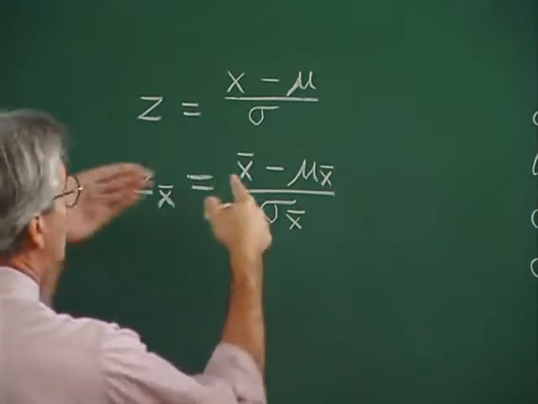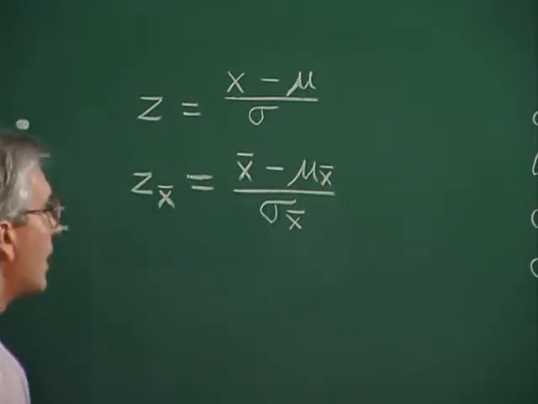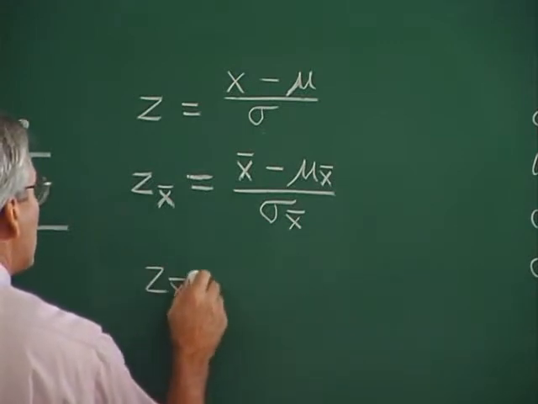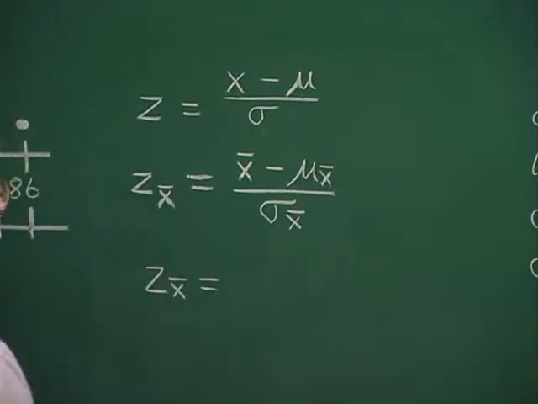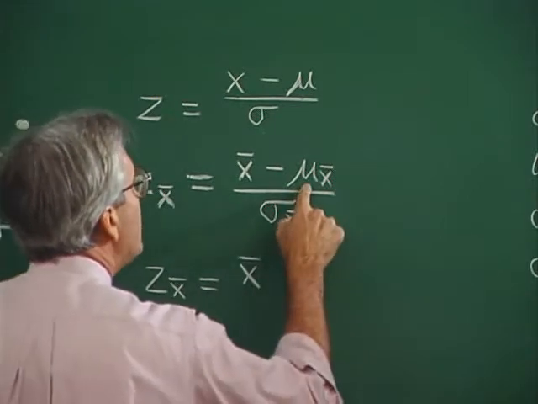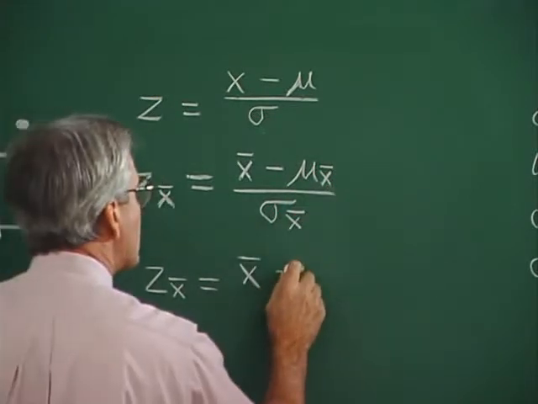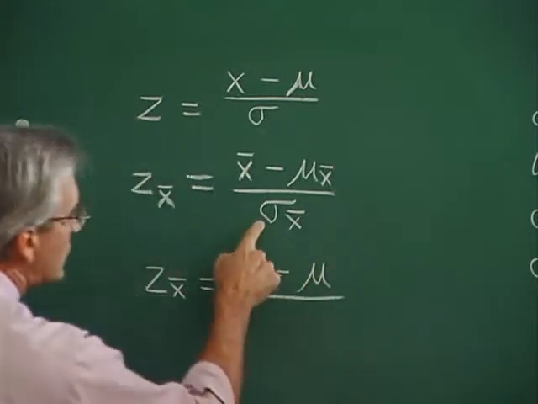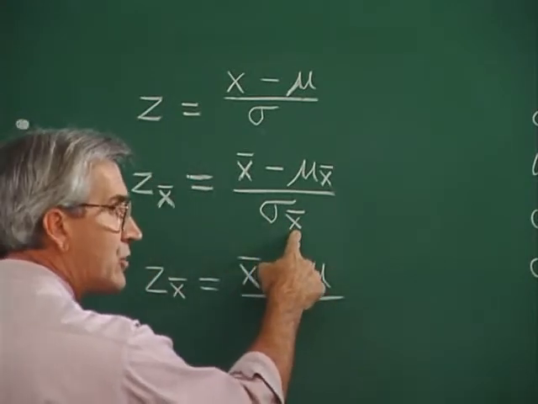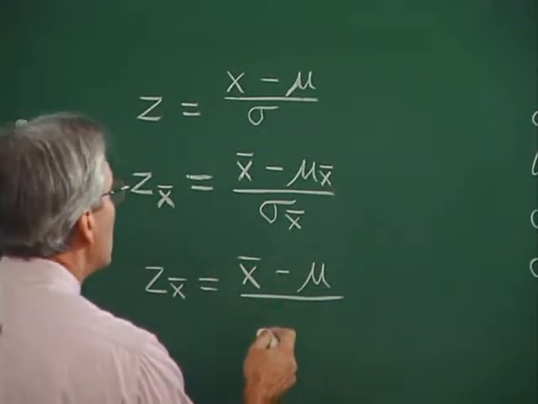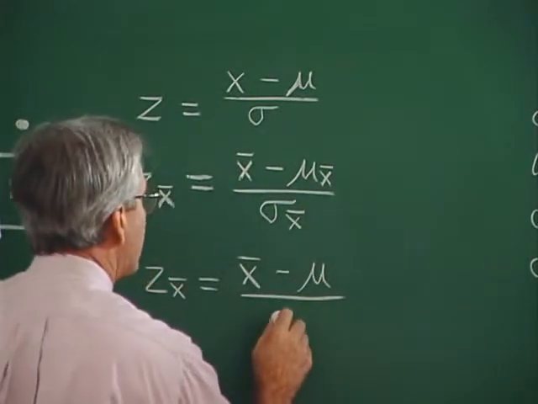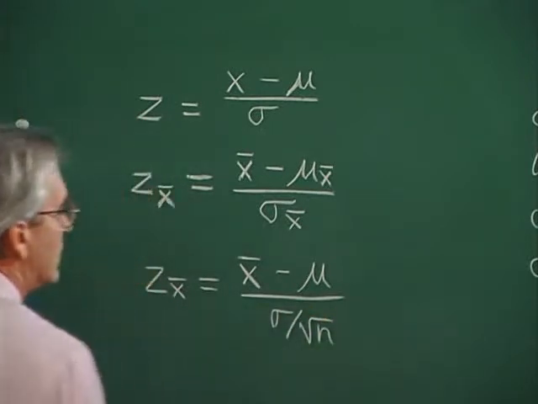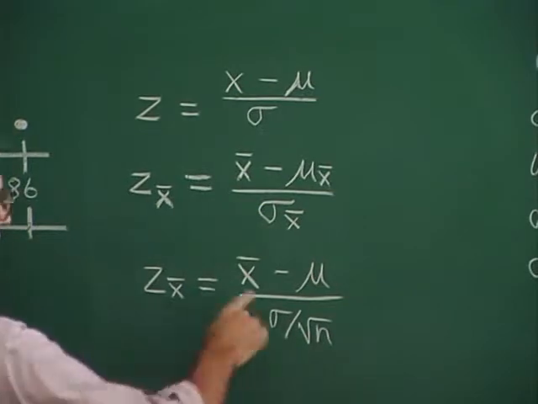With the information we have, we can clean this up a little bit, because the mu of the x-bar distribution is the same thing as the population mean, simply mu. And the standard deviation for the x-bar distribution is the standard deviation of the population divided by the square root of n, the square root of the sample size. So we can clean it up this way.